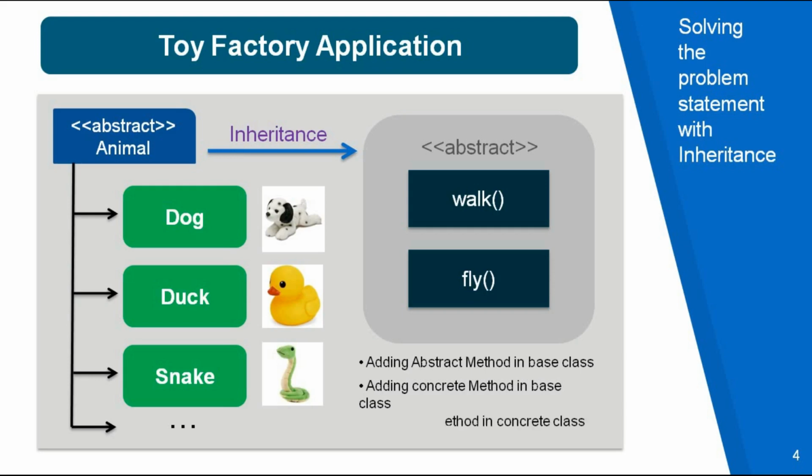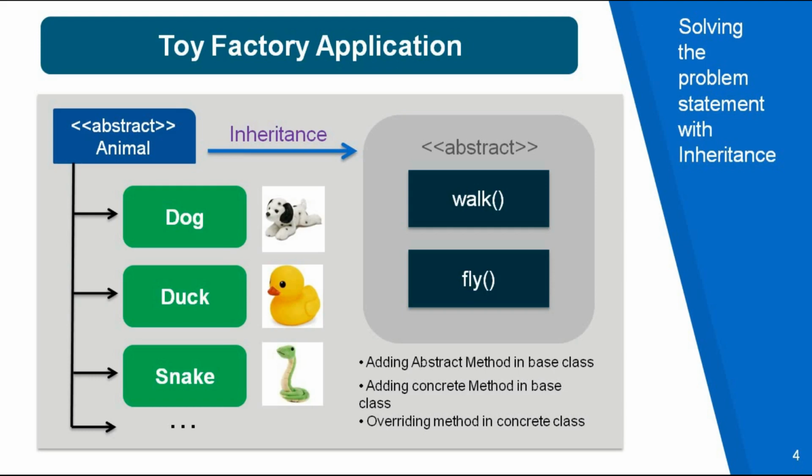The last approach is to add an empty implementation in the animal class, and override only those methods in the concrete classes that need them. For example, the fly method we can override only in the duck class. However, this still does not solve our problem, because our third requirement was to change this behavior dynamically during runtime.